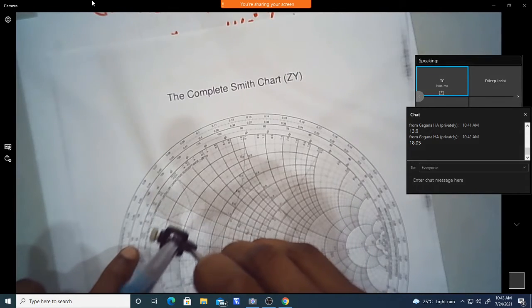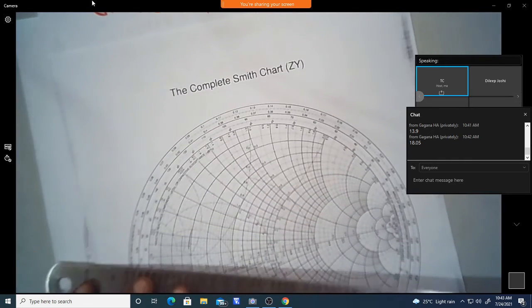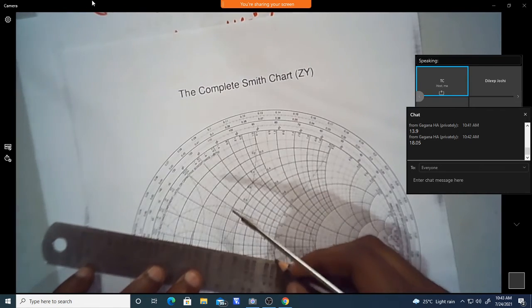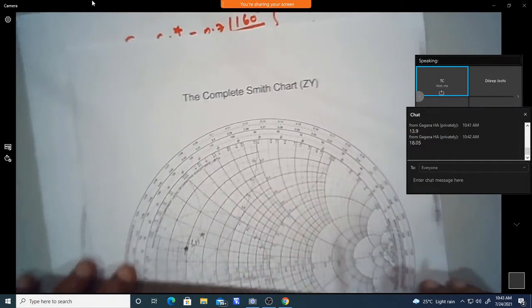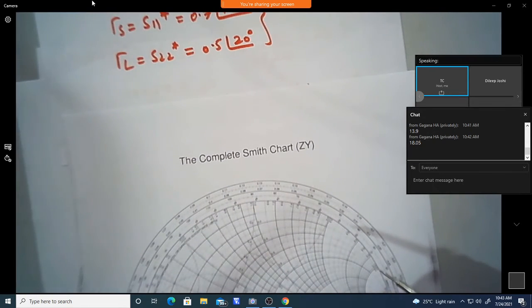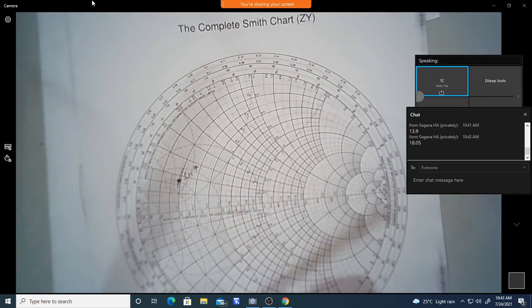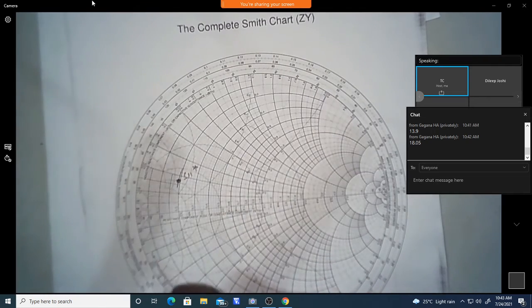I will just cut here and then draw one line from the center to that 160 degree mark. So now this is the point where we are going to get S11 star. Now similarly S22 star, 0.5 at an angle 20 degrees. So this is 20 degrees and we have to get the radius of 0.5 on the reflection coefficient graph.